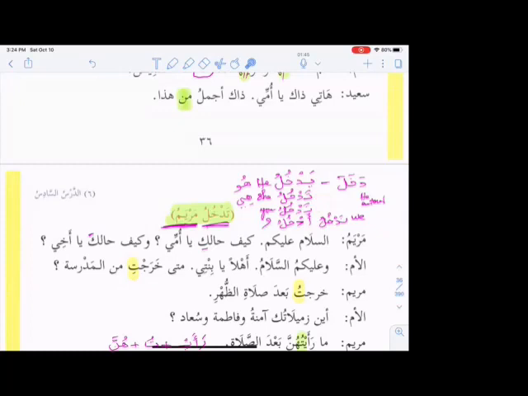Tadkhulu Maryamu. What is the translation, my brother and sister? Maryam enters. Tadkhulu is fi'lun mudariun, marfu'un bi damma. Where is the fa'il? Maryamu is the fa'il. Inshallah. Is it marfu? Yes, it is marfu.